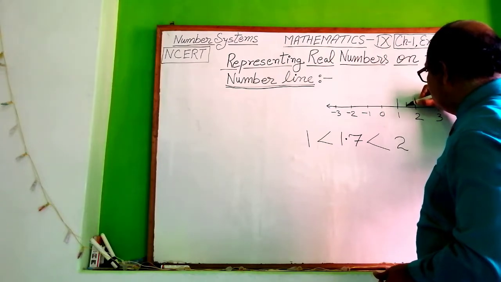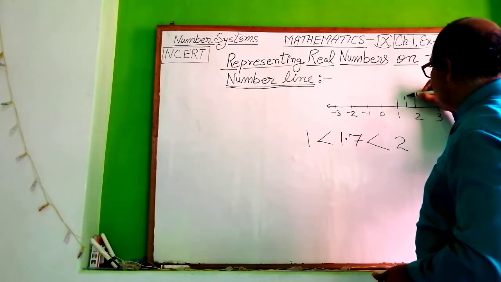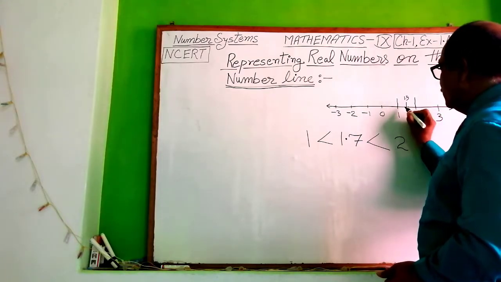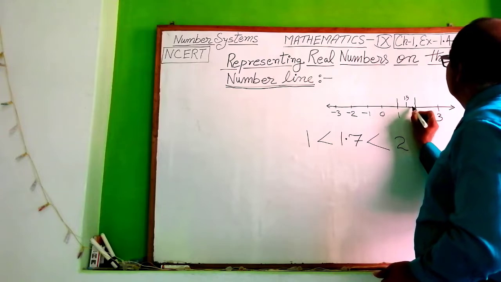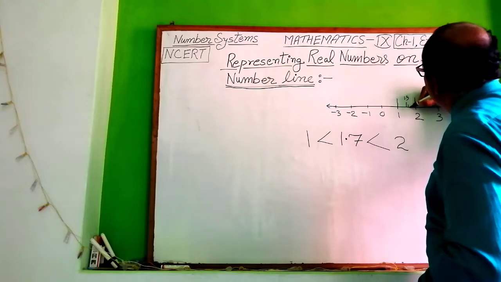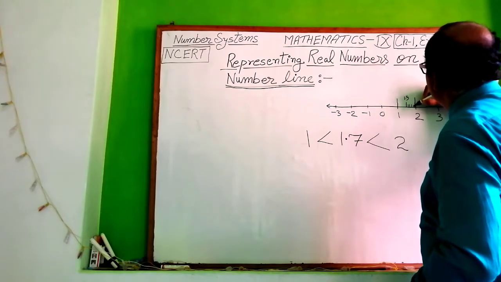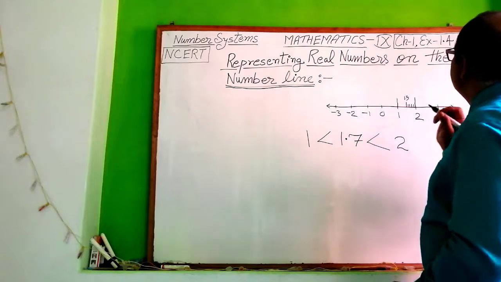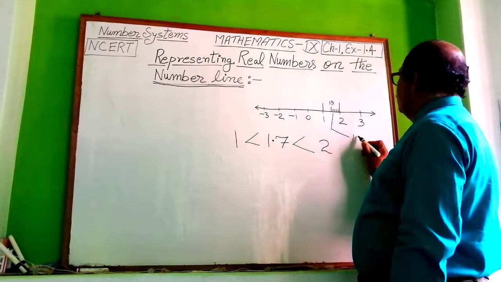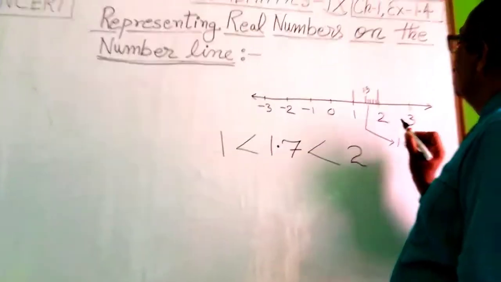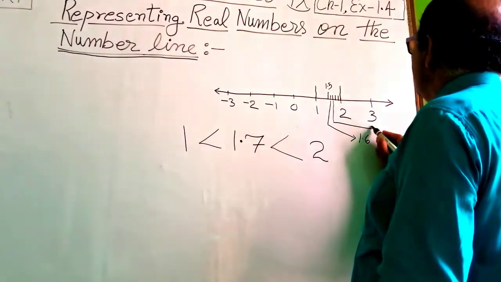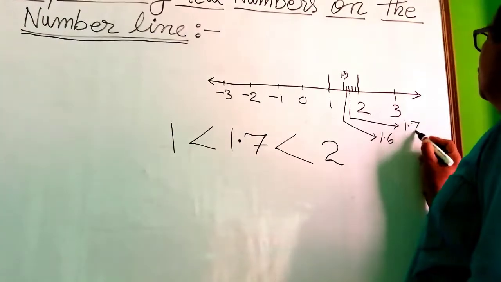In the middle it will be 1.5, and now divide it again in 5 equal parts. So see how to represent the number 1.7. You can see just after this it is 1.6. Just after this another indication you can see 1.7.